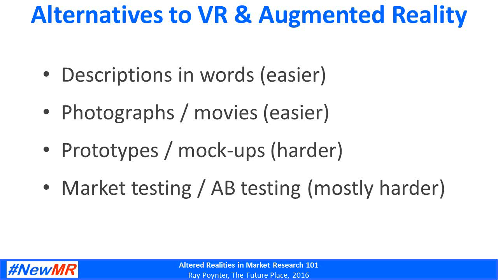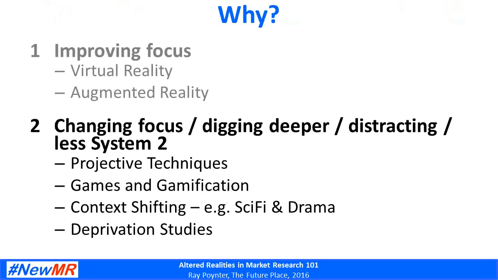So anywhere that's in the digital space, actually A/B testing can be easier than market research, never mind virtual reality or augmented reality market research. So all of those things are going on. We use VR, we use augmented reality when simply words aren't good enough, when photographs are not good enough, and because we don't have to go to the massive expense of prototypes and mock-ups.